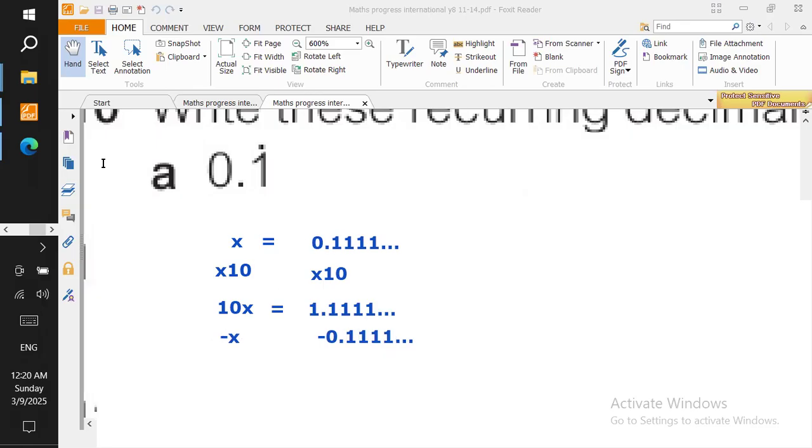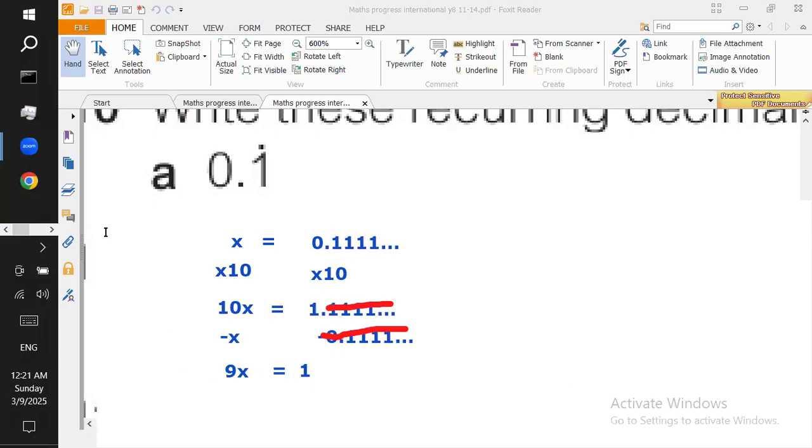Now 10x minus x will give me 9x. 1.1's repeated minus 0.1's repeated. It means this will be removed with this one, and I will be left with 1. So equals 1. Focus on this, okay?